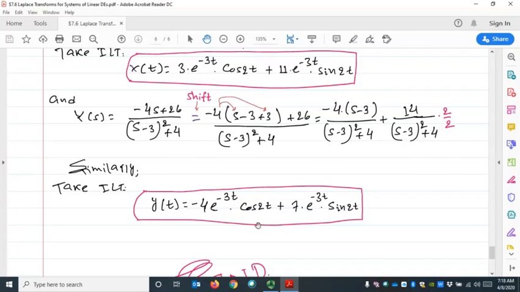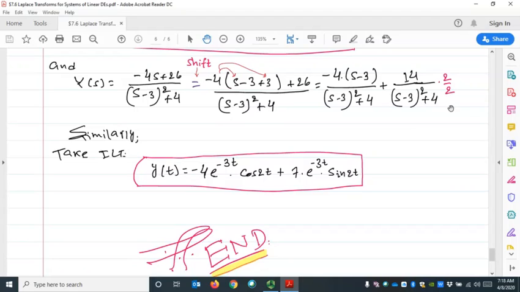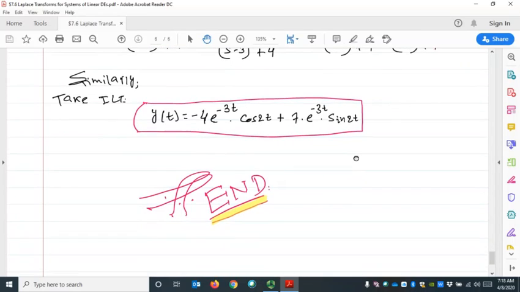Now plus 7 times 2 over s squared plus 4, since 2 times 7 is 14, and the inverse Laplace transform of 2 over s squared plus 4 is sine 2t, and modify sine 2t by multiplying by e to the power negative 3t. So the final is 7 times e to the negative 3t times sine 2t.